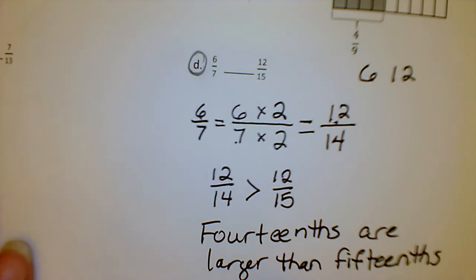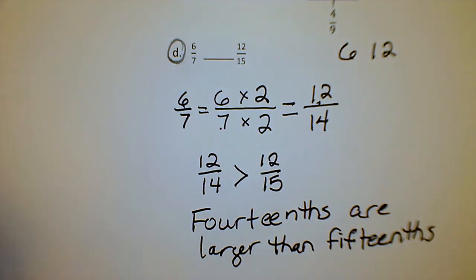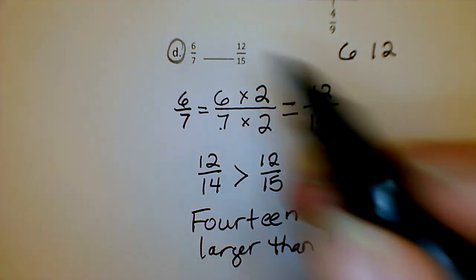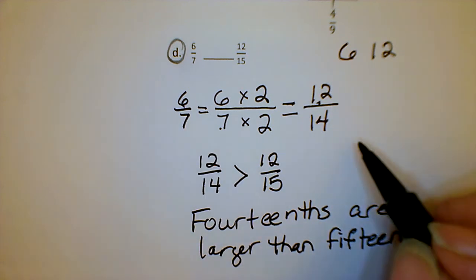All right, so for this one, again, I did not have common numerators. I did not have common denominators, but I did see that 6 and 12 were related numbers. Oh, but I forgot to do something, didn't I? Remember, we're supposed to rewrite it using the original numbers. So remember, 6/7 got turned into the 12/14.